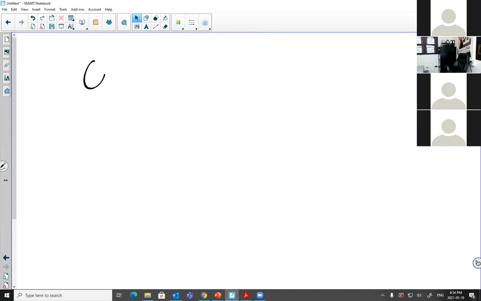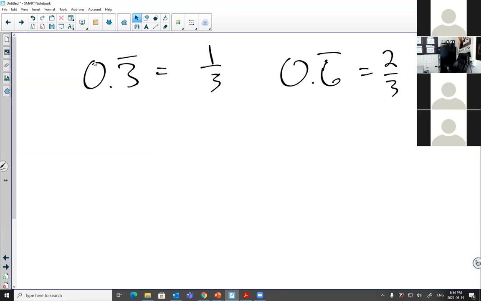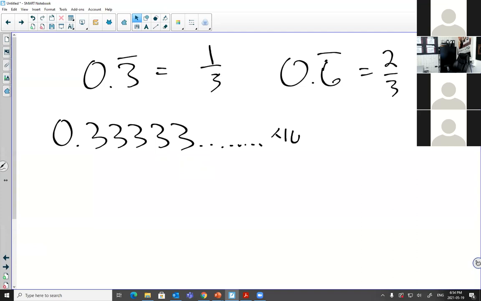So 0.3 repeater is 1/3, right? Just like 0.6 repeater is 2/3, right? So when we have 0.33333, and it just keeps going on, if we were to write that as a percentage, you're basically timesing it by 100.